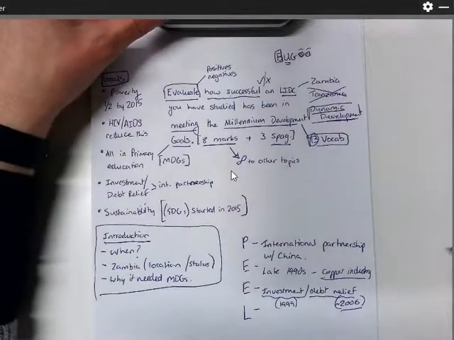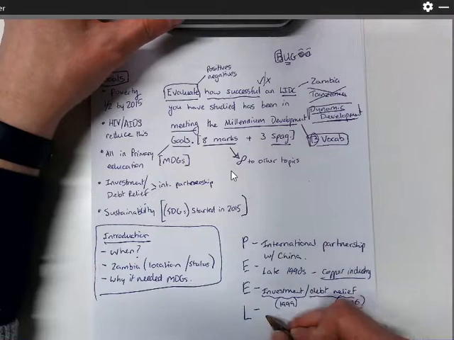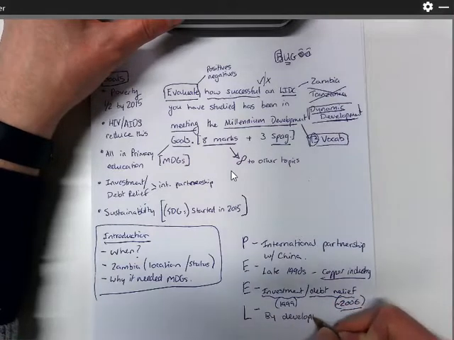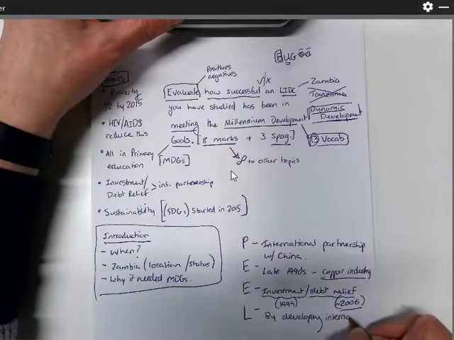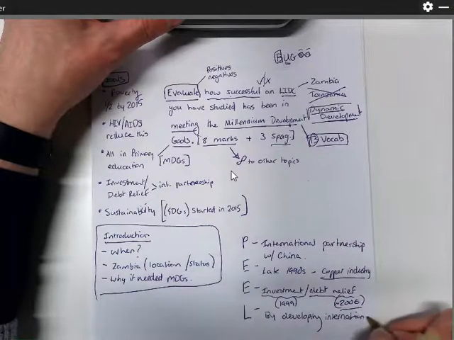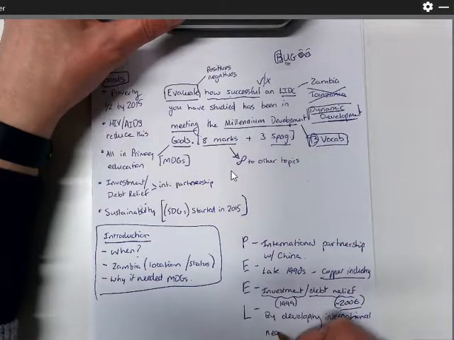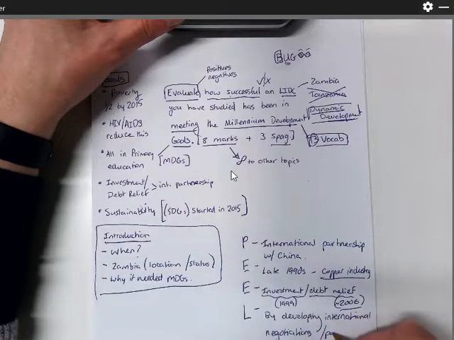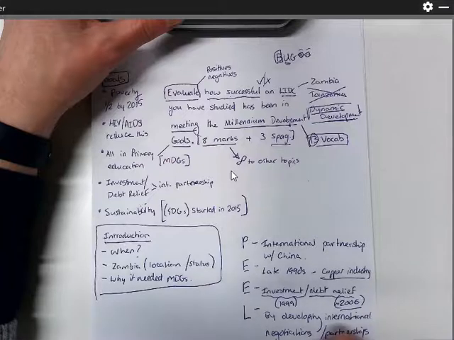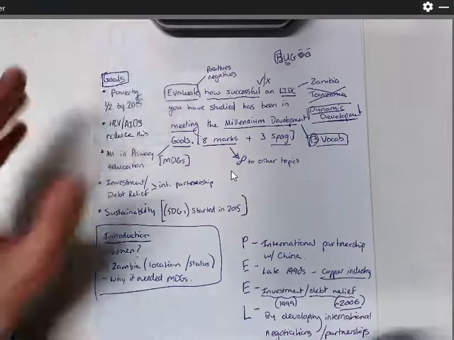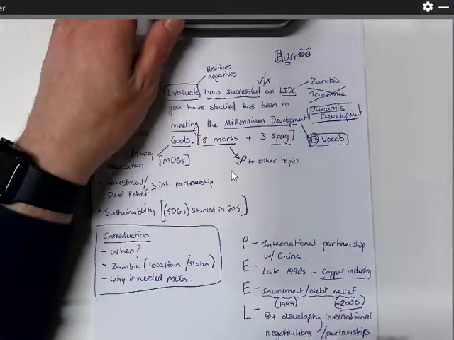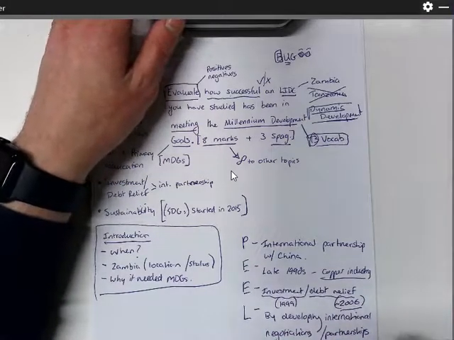Okay, now by developing these international partnerships, has it been successful? So by developing international negotiations and partnerships with China, it's going to be able to reduce its poverty, catch up on development as a result of that debt relief.